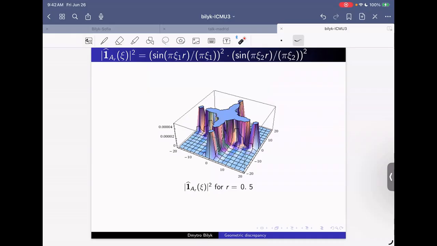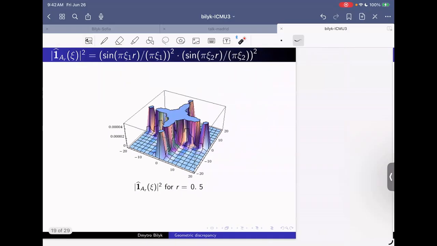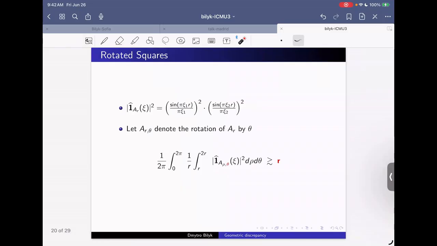Okay, this is just the intuition. This is just the logic of the argument. You still have to actually do computations to prove it, but it turns out that it works. So here you average over dilations. Here rho is the side length and theta is the rotation of the square.